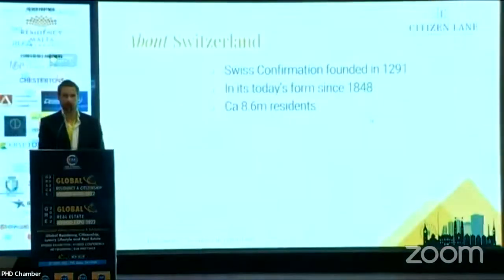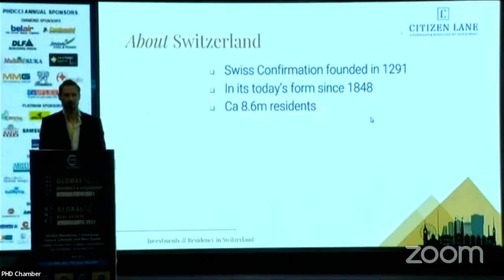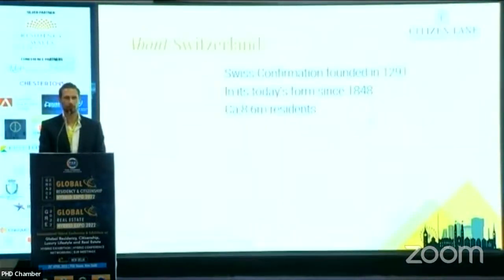Okay, so Switzerland is actually one of the oldest democracies in Europe and probably the world, which is still in existence. The country started in 1291 with the foundation of the mountain region cantons forming together the Swiss Confederation, and they were independent in a totally different Europe.